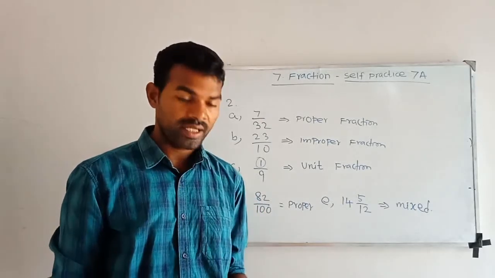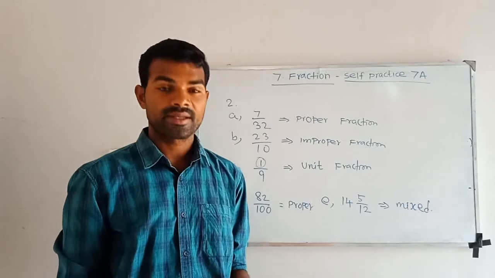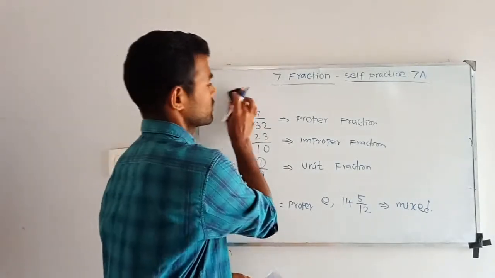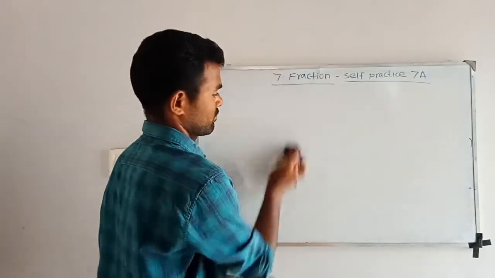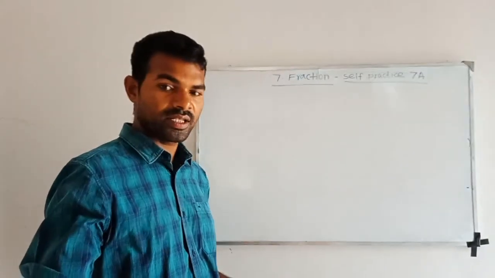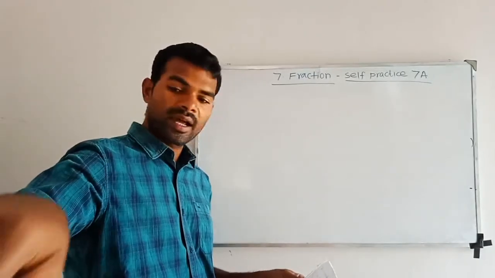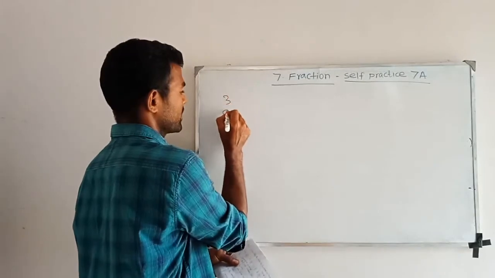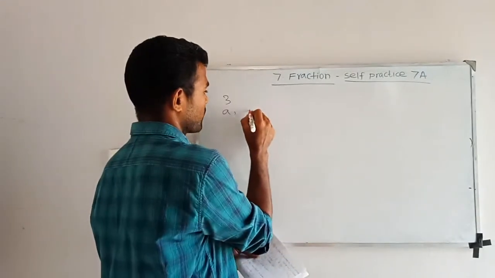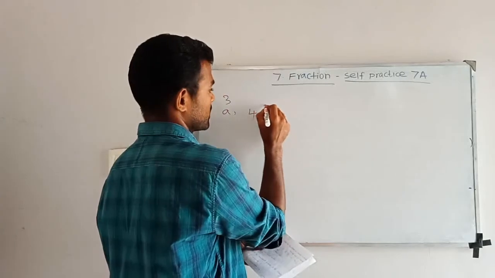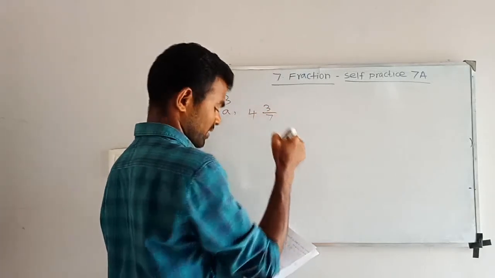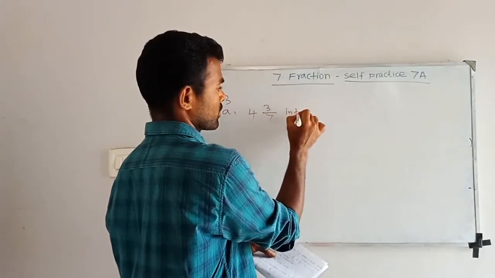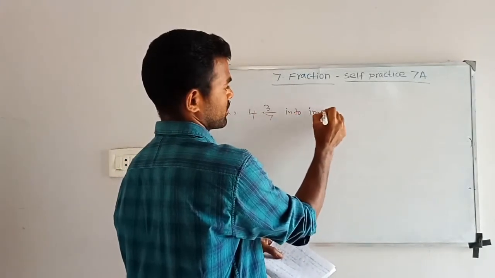Let us go to the third question. Convert as directed. See the first question. It tells that convert as directed. Third question A is 4 and 3 by 7 into improper. You have to convert this into an improper fraction.